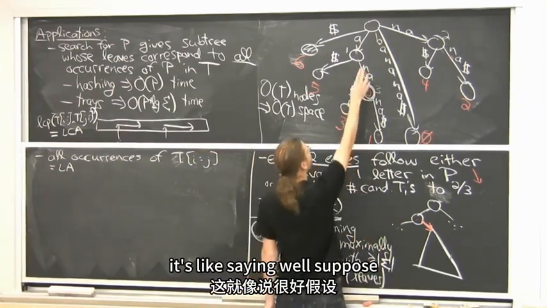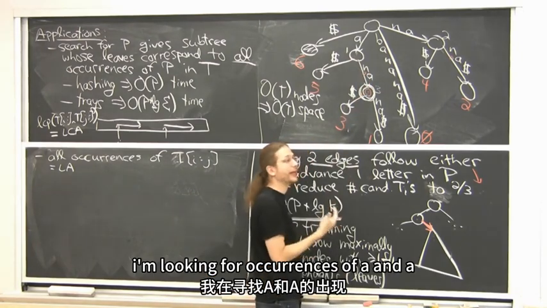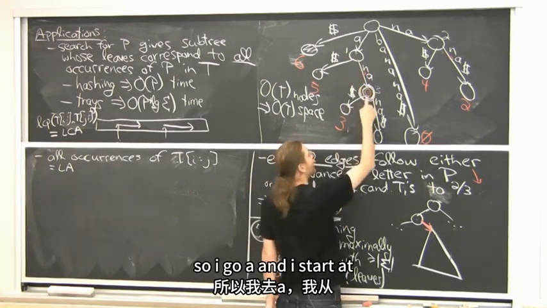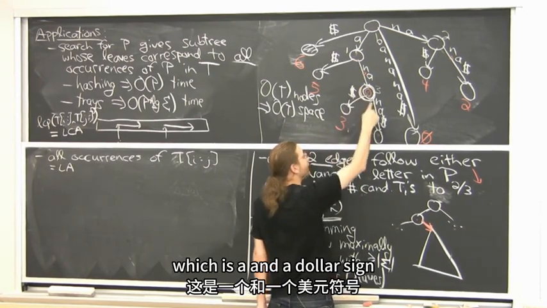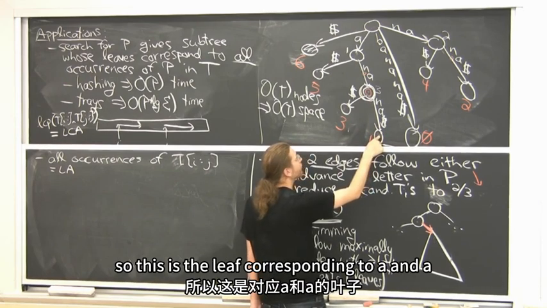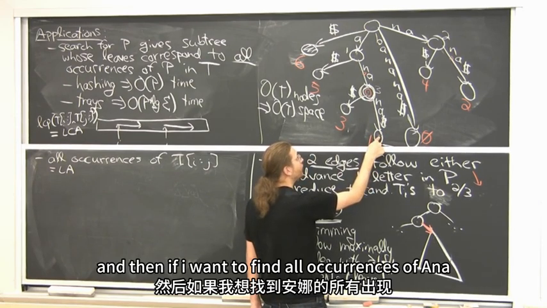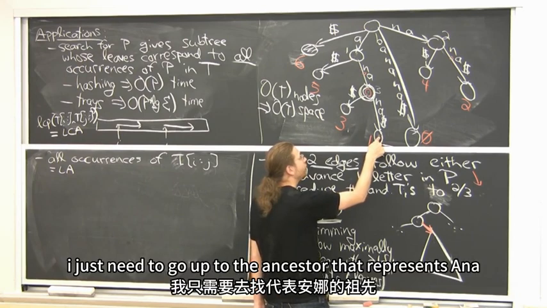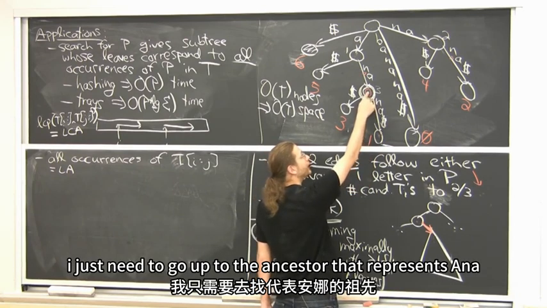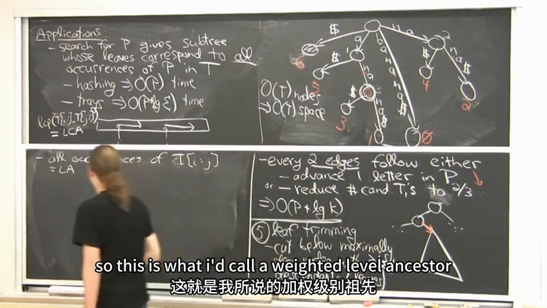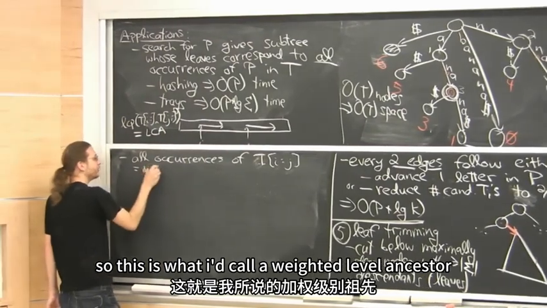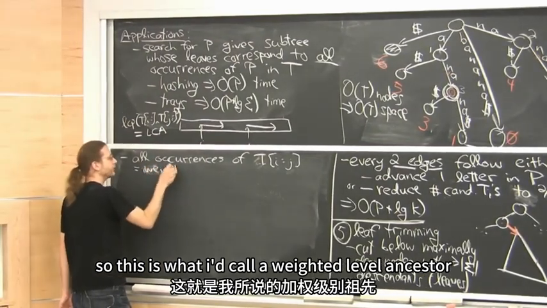It's like saying, well, suppose I'm looking for occurrences of A and A. So I start at, let's say, the first occurrence of A and A, which is A, A, and a dollar sign. So this is the leaf corresponding to A and A. And then if I want to find all occurrences of A and A, I just need to go up to the ancestor that represents A and A. So this is what I'd call a weighted level ancestor.